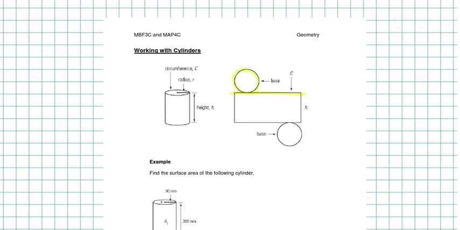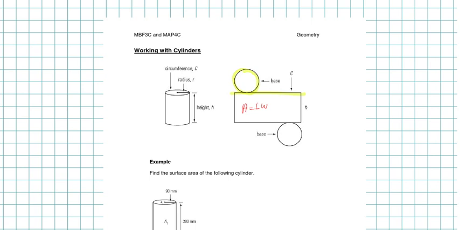So when it comes to finding the length and the width of that rectangle, it's the side times the height, because if I'm looking for the area of a rectangle, it's length times width. But in this case, your length is the circumference of the circle.